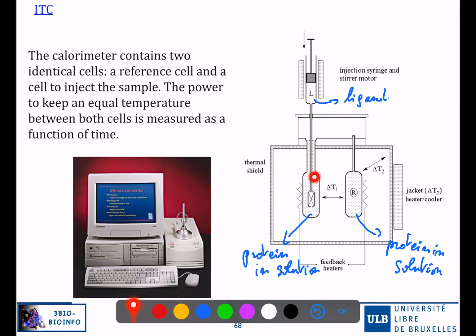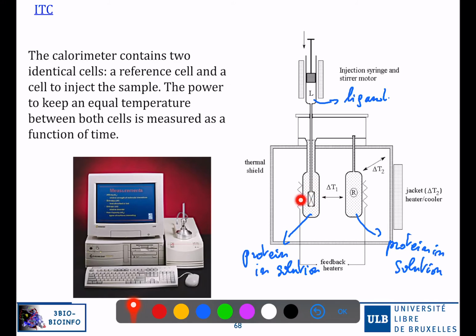The ligand here will interact with your protein in solution. Due to this interaction, you will have an absorption or an emission of heat, and here the apparatus will measure the power needed to keep the two cells at the same temperature.